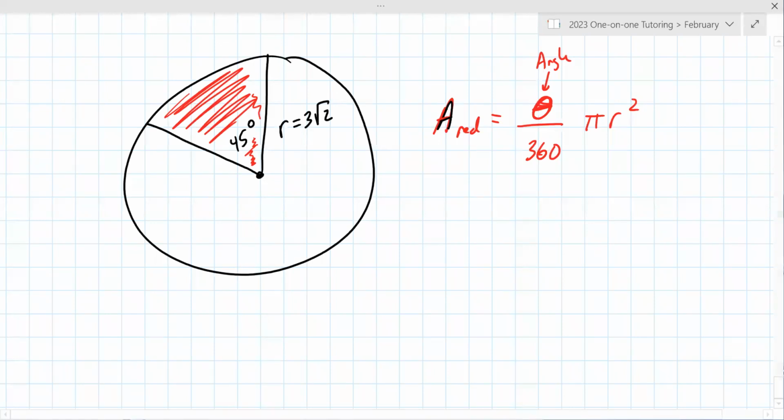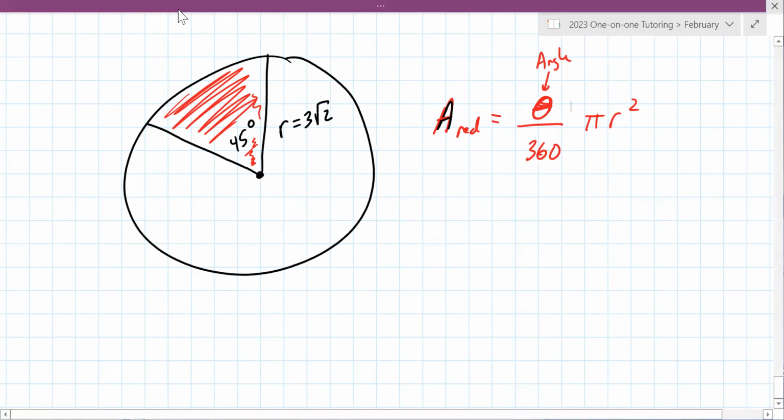And then r squared would be 3 square root 2 squared. So would it make sense to write 3 squared times 2? Sure. Yeah, 18. And then I think it would make sense to simplify 45 and 360.